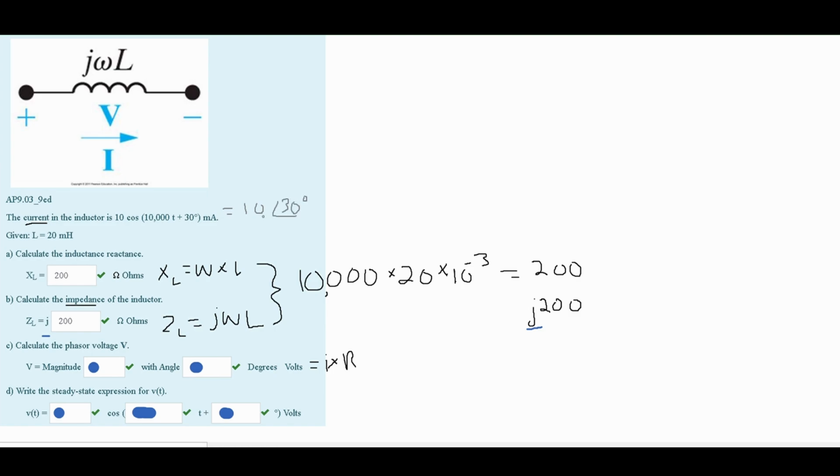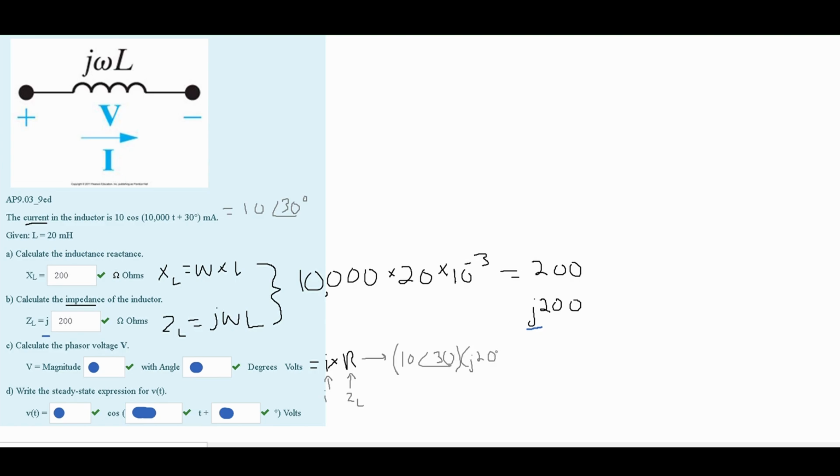This is our phasor. And we don't need to convert it because it's already in cosine, and we're going to be solving it for cosine. So we're going to plug this in. Our current is 10 with an angle of 30 degrees, and our Z of L we found to be a j of 200.